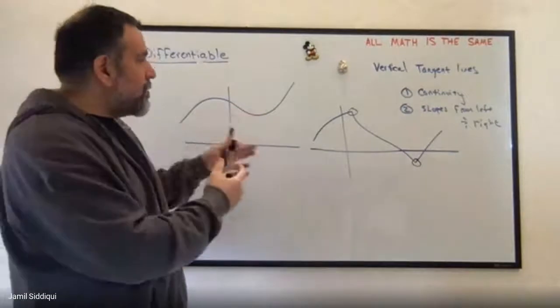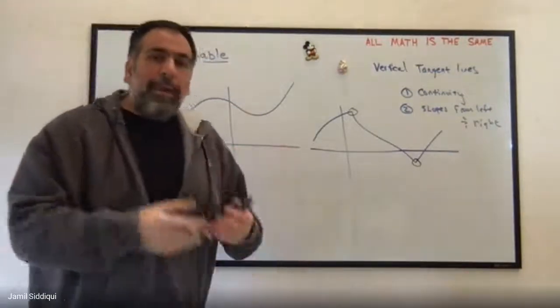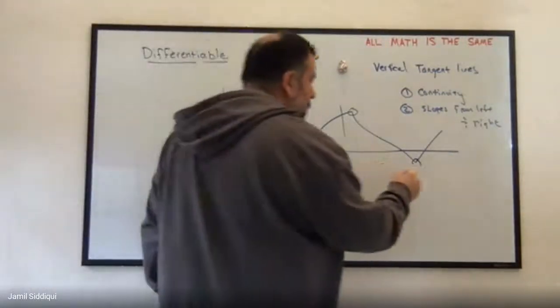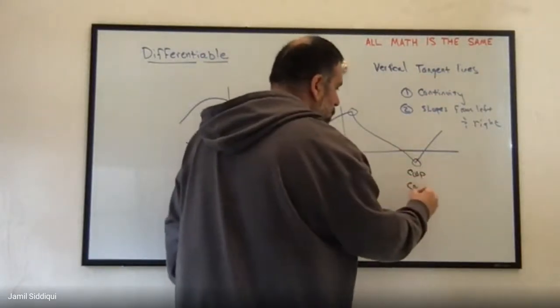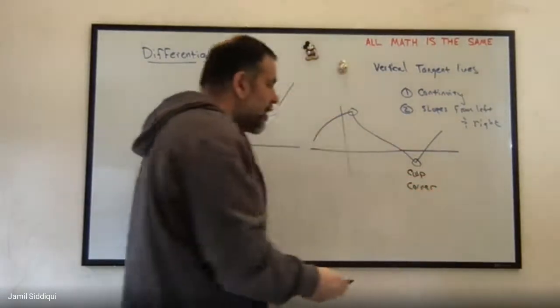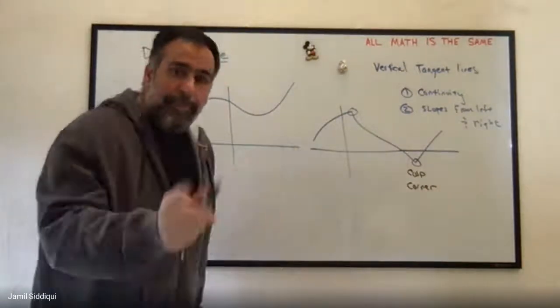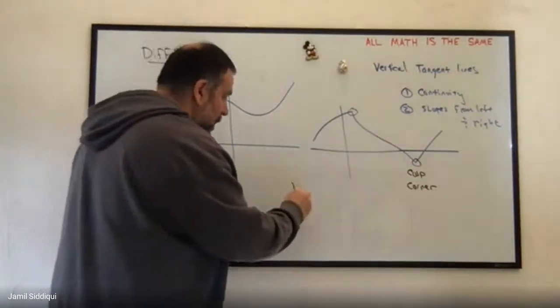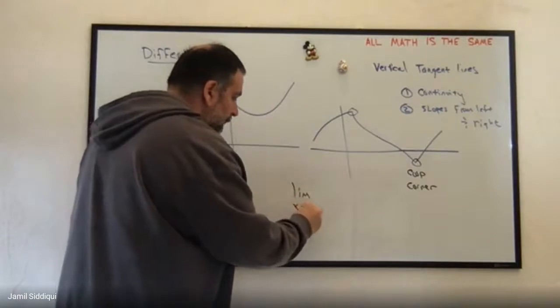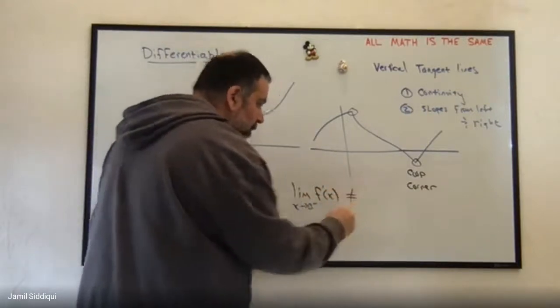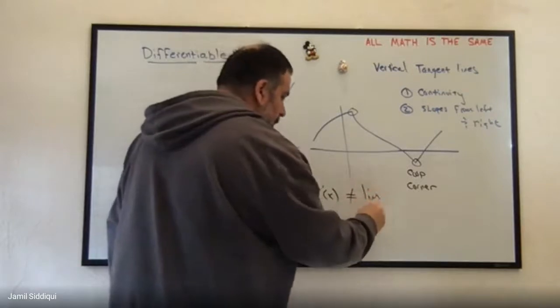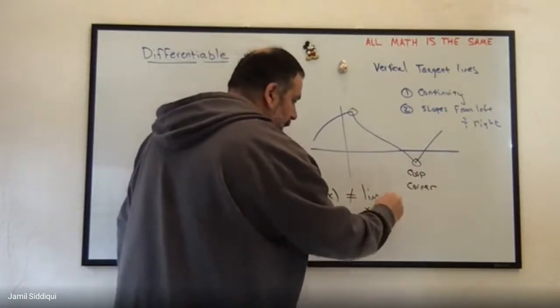These shapes, these abrupt changes in slope, we have a name for them. They're often called a cusp or a corner. And anytime you see a cusp or a corner, all it means is that when you take the limit as x approaches that value from the left of the derivative, it will not equal the limit as we approach that value from the right of the derivative.